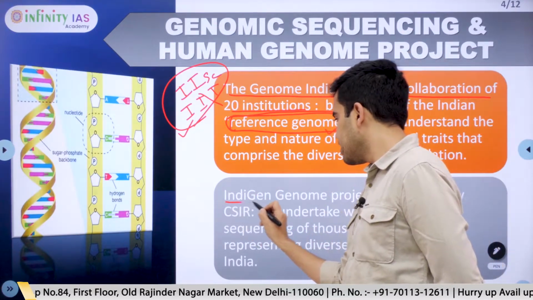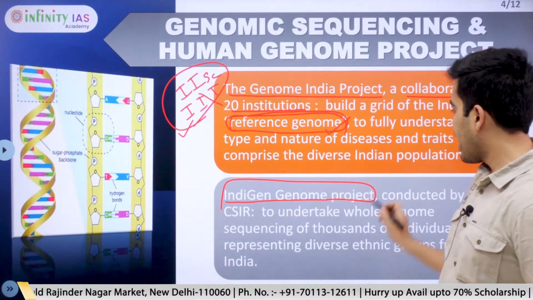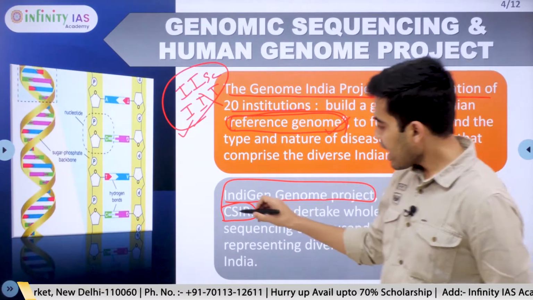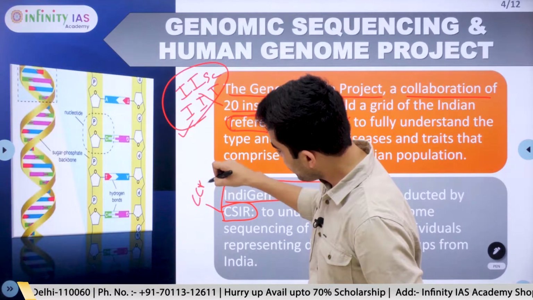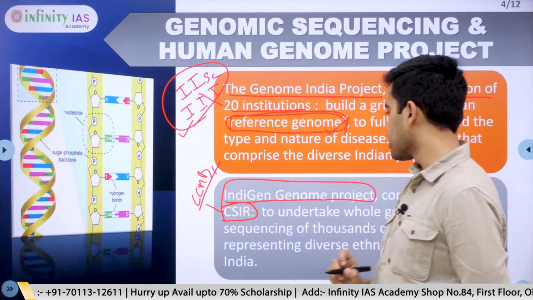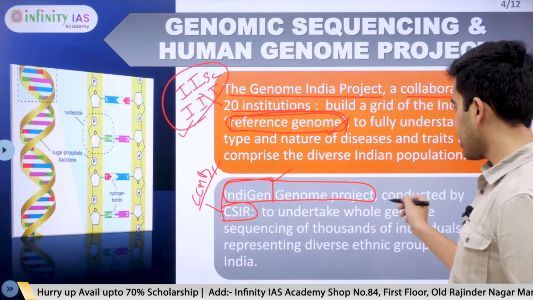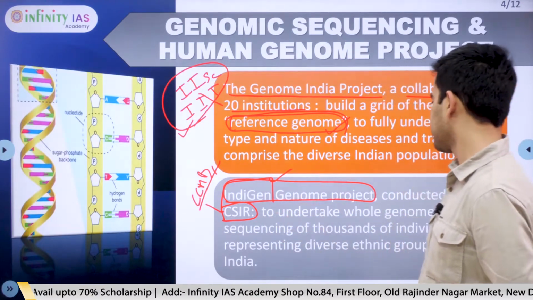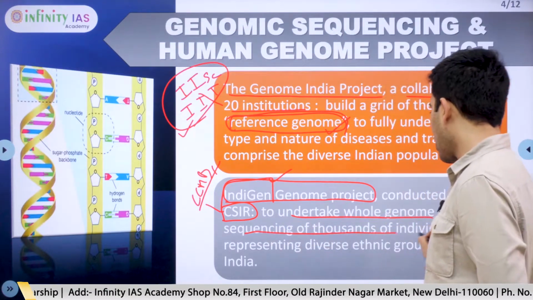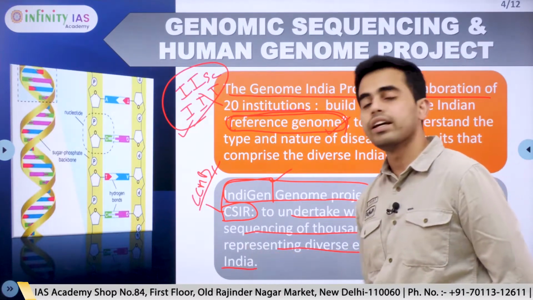Next comes the IndiGen Genome project. This is the recent one, and it is conducted by CSIR as well as CCMB Hyderabad, the Centre for Cellular and Molecular Biology in Hyderabad. These are the institutes involved in the IndiGen project. And what is the aim of this project? The aim is to undertake whole genome sequencing of thousands of individuals representing different ethnic groups of India.